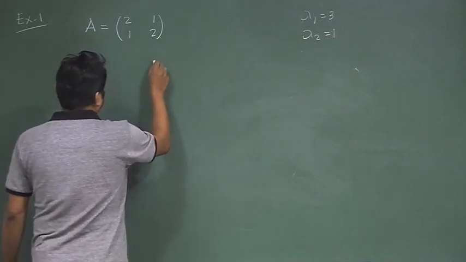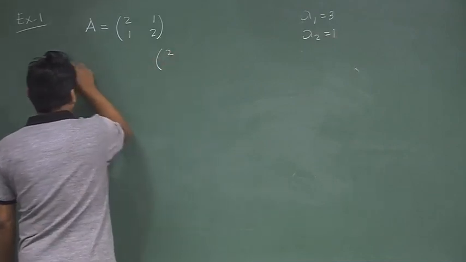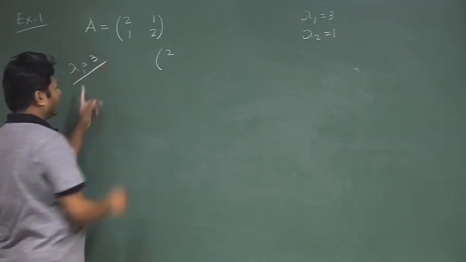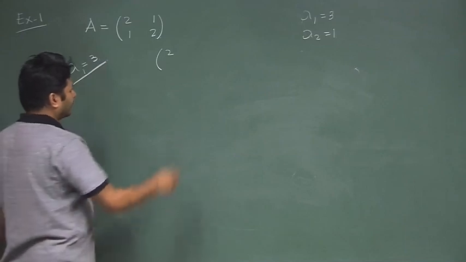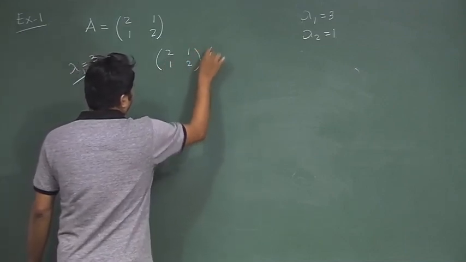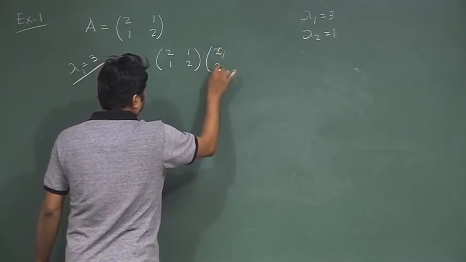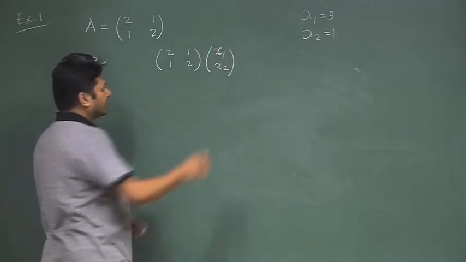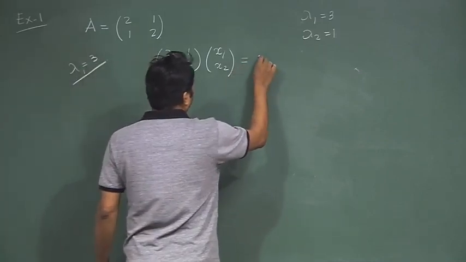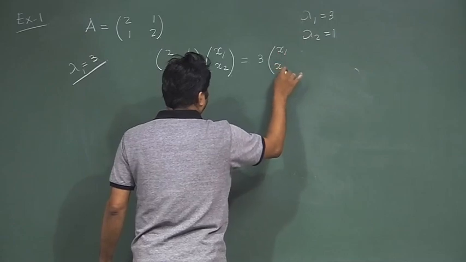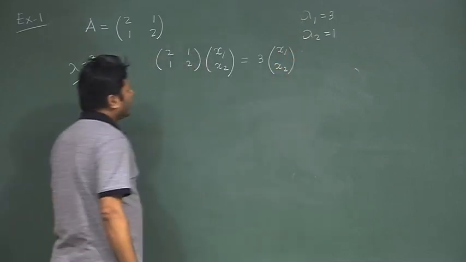Let us find the eigenvectors for lambda 1 equal to 3. So I write it here: the matrix 2 1 1 2 times x1 x2, which is my corresponding component of the eigenvector, is equal to 3 times x1 x2, since I know the eigenvalue.